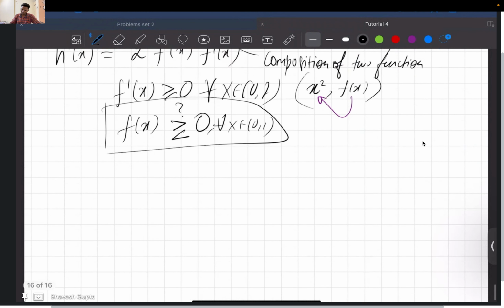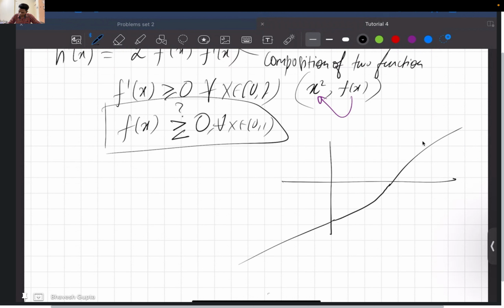You can have this kind of a situation, a function, let's say f of x to be this for example. This is my 0, and let's say this is my 1, and you can see that from here to here you have a negative value of f of x, but from here to here you have a positive value of f of x.